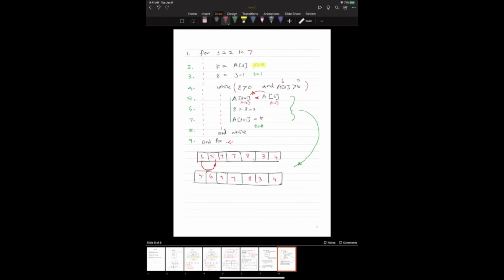It should be 2 to 7 because the length of the array is 7. So we finished one of the j's. So we had to repeat this program for j is equal to 2, 3, 4, 5, 6, and 7.